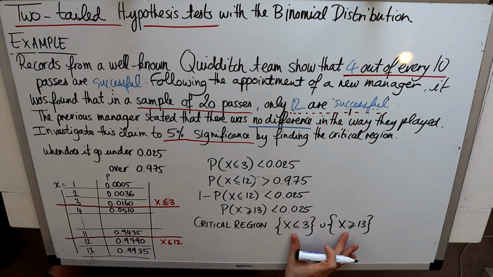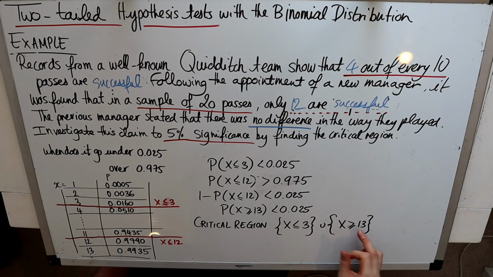So my critical region will look a little bit different if I had done it the other way around. Logically, if it's 3 successes and 13 successes, if you did it the other way around, you would have found greater than 17 misses and then less than 7 misses, in which case the 8 would still fit in very well. So now that I've done this, I essentially need to do my hypothesis test.